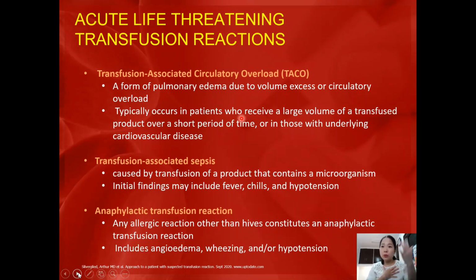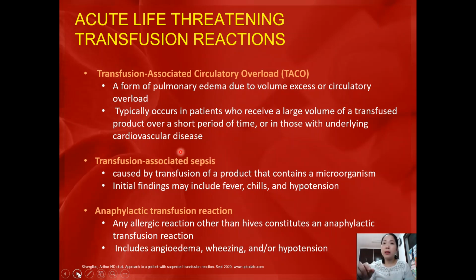If you give too much blood in a short period of time, you might congest your patient. Or sometimes in a dialysis patient who is not urinating anymore, you may congest them, or they may have this circulatory overload or TACO if you give blood infusion in a shorter period of time.